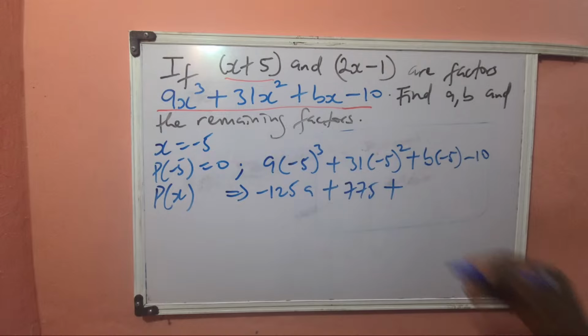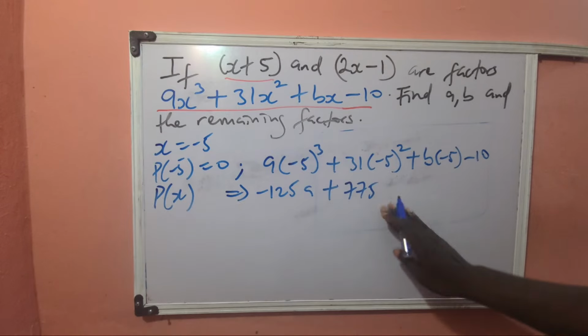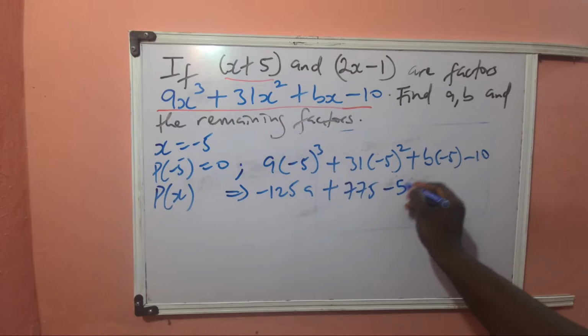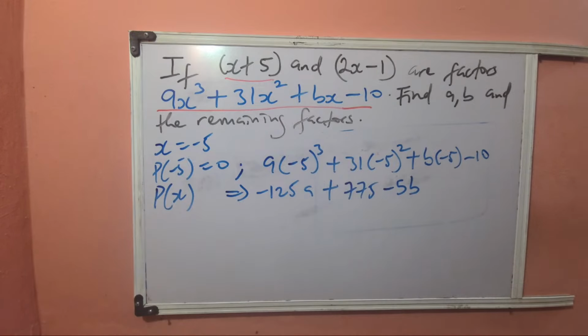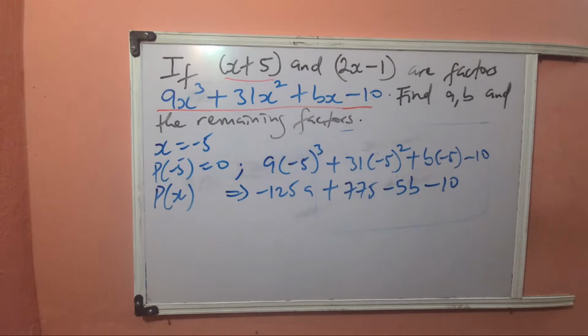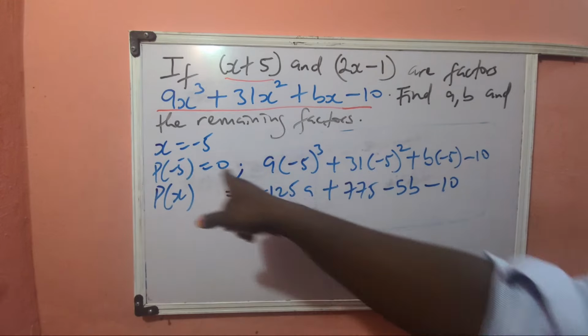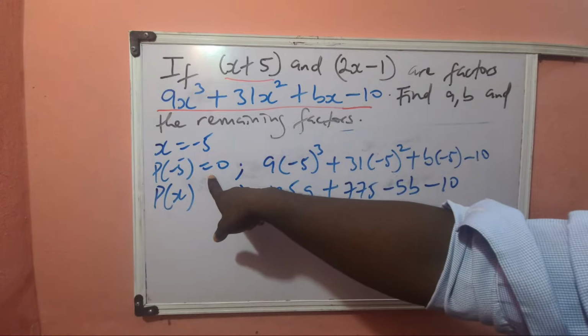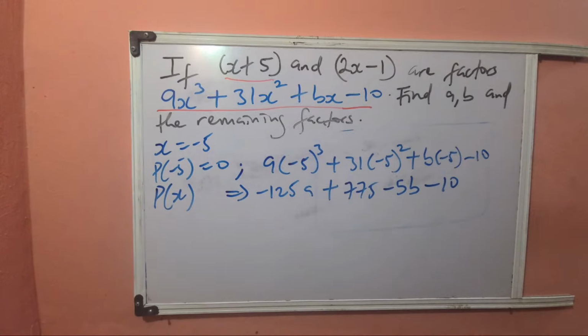Plus, or rather minus, because we have minus in the bracket, that will be minus 5b minus 10. Now, don't forget the theory said, when we fixed in our minus 5 here, the theorem said we must get 0. That means this equals 0. That's the theory based on the factor theorem.